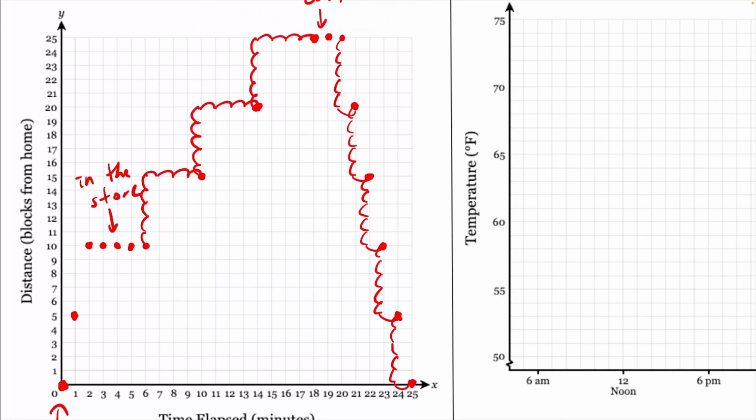This is her trip from the bank home. Her trip from the bank home started way up here. Now she's home. So last thing we're going to do, connect the dots.